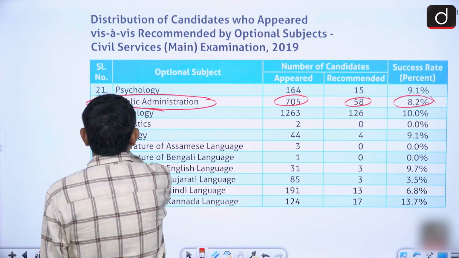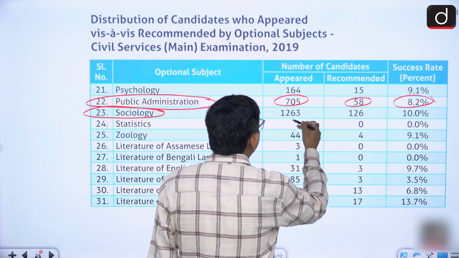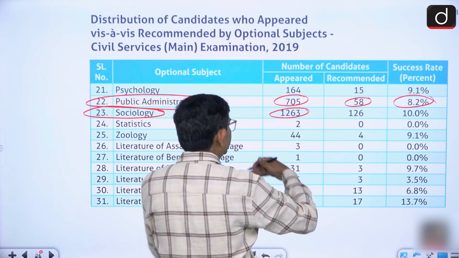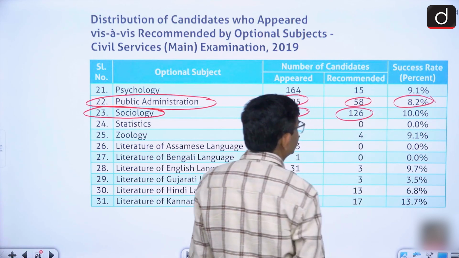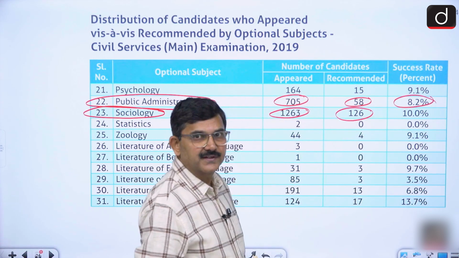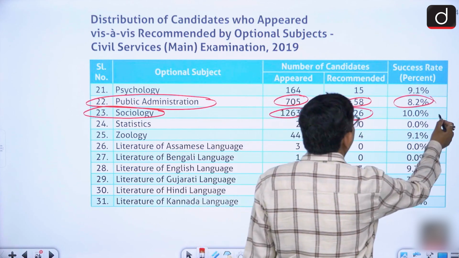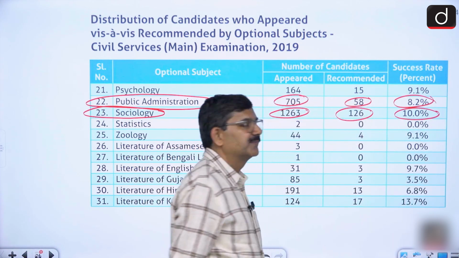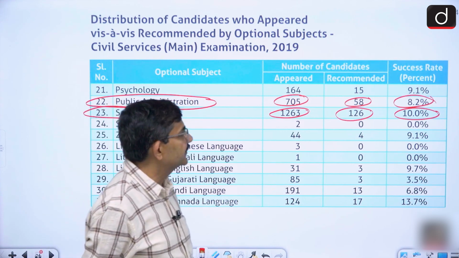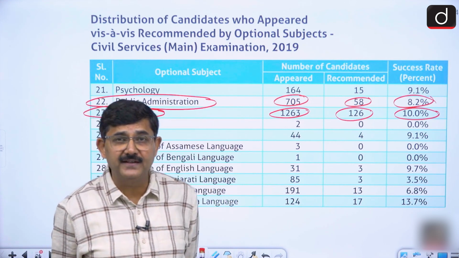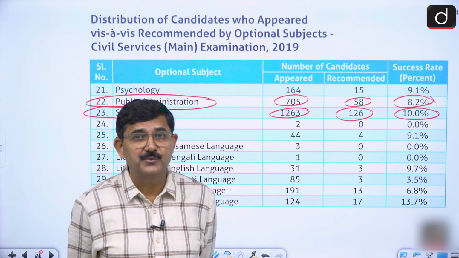And in sociology, 1263, a little increase in the appearing candidates, and 126 is the total number of successful candidates. Finally, the success rate is 10%. So it was 10% in 2018 and 10% even in 2019.